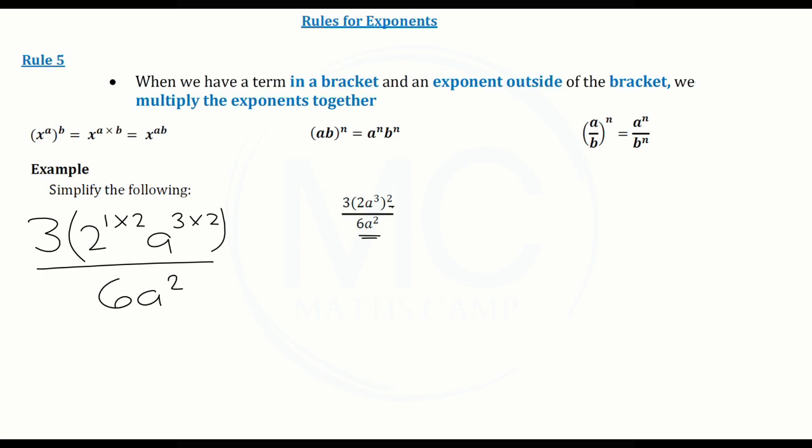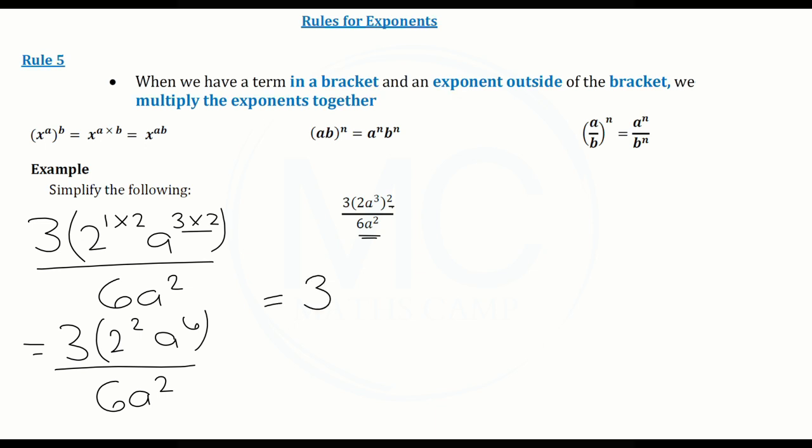Now let's multiply our exponents out, and we get 3, open bracket. 1 multiplied by 2 is 2, so we get 2 squared. 3 multiplied by 2 is 6, so this becomes a to the power of 6, close bracket, all over 6a squared. 2 to the power of 2 is actually 4, so this becomes 3, open bracket, 4a to the power of 6, all over 6a squared.